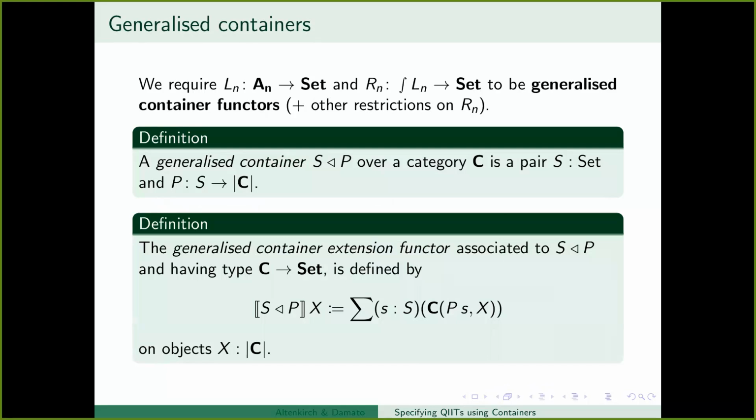Yeah, so this is a generalized definition of the normal container functors, which we use for ordinary inductive types and inductive families. In particular, usually we have just arrows in Set, whereas here we have homomorphisms in C. So yeah, this is kind of the analogous container to what you're saying. Yeah, thanks.